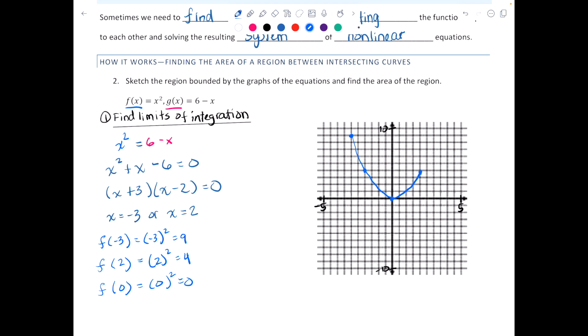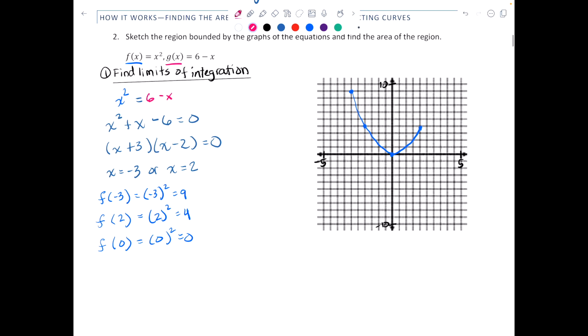Now the g of x will be really easy to graph because we figured out that they intersect at -3 and 2. So just to show you, g at -3 is 6 minus -3, which is 9. So like I said, we'll get the same point here. And g at 2 is equal to 6 minus 2, which is 4.